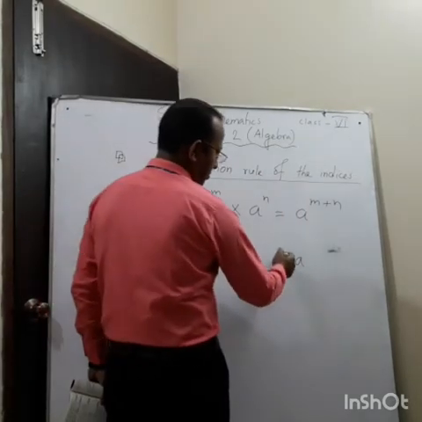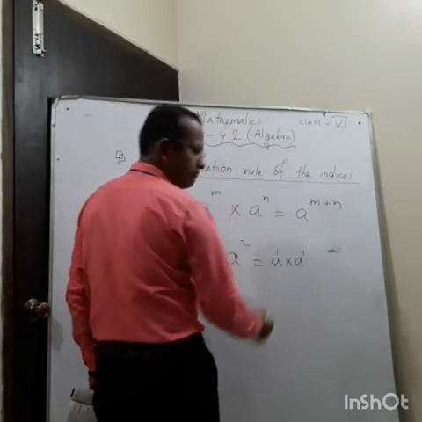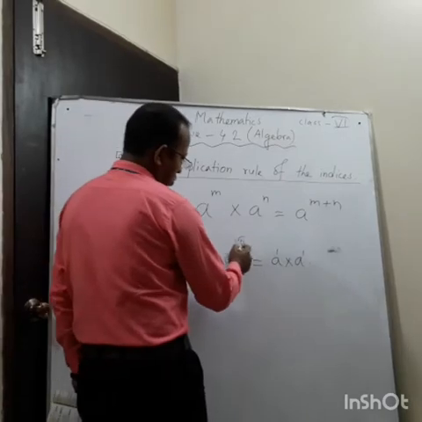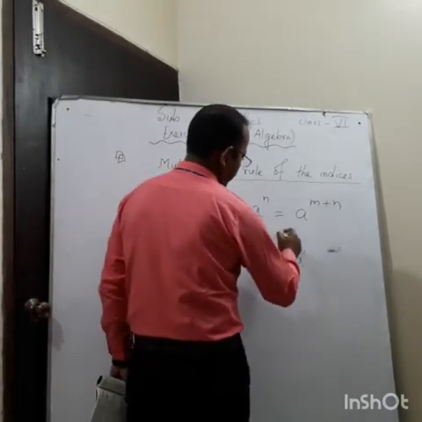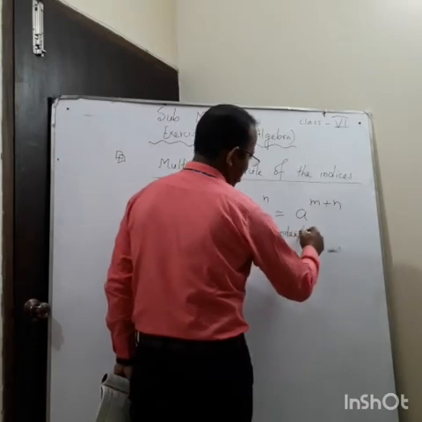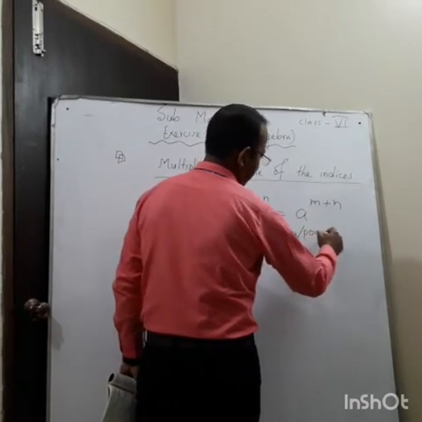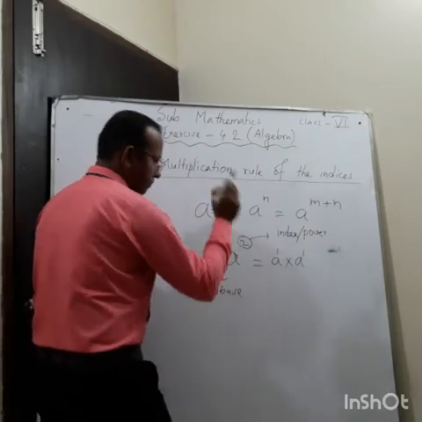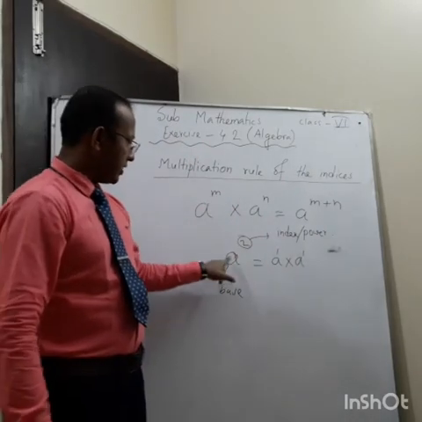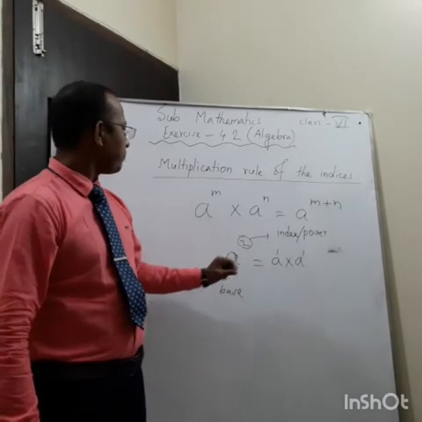Since there are 2 times, this is 2, and this is known as index or power, and this is called base. So this is base, this is power.